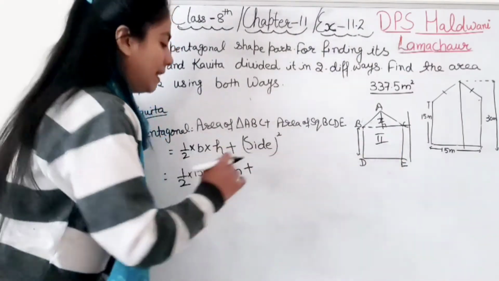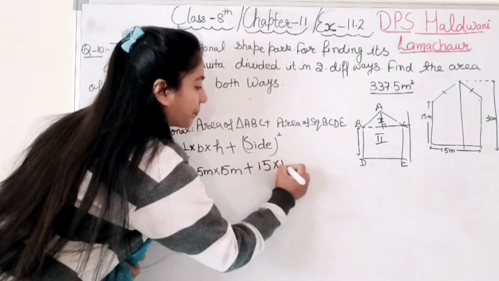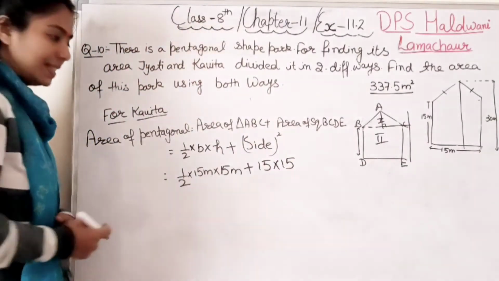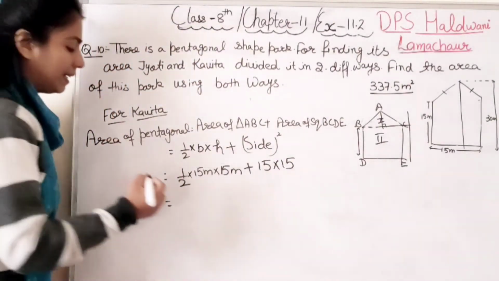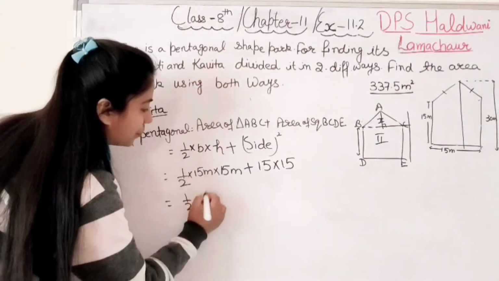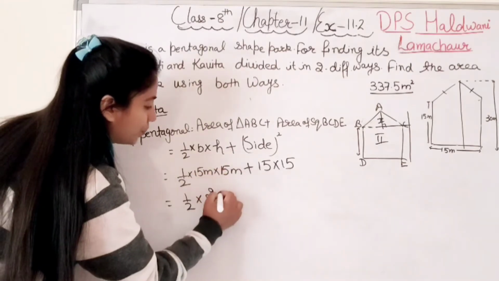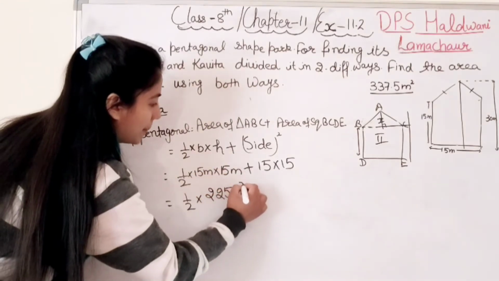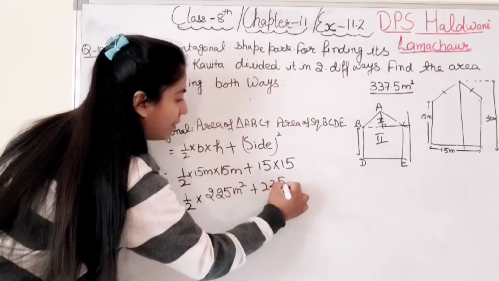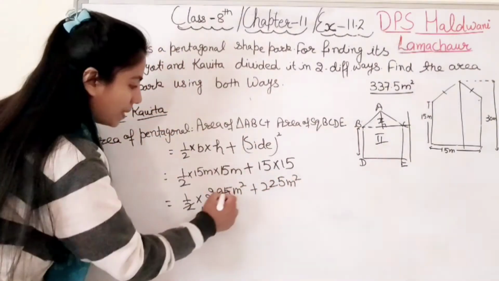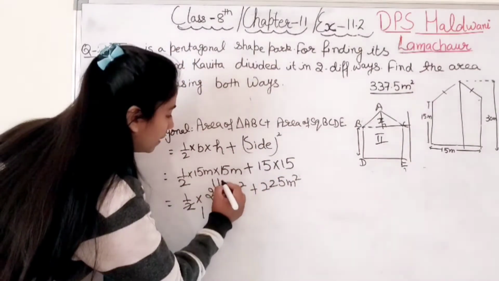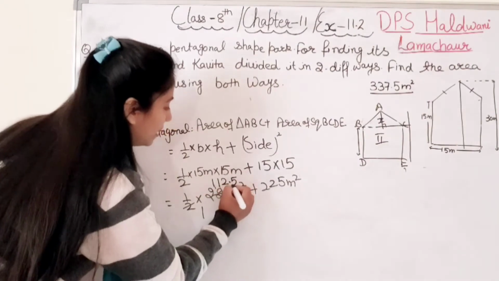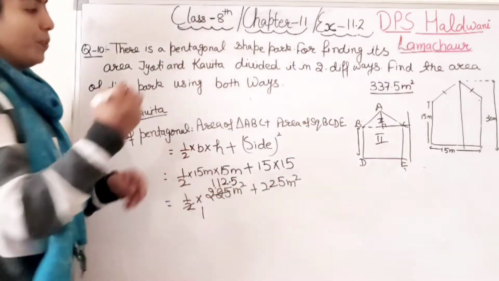That is 15 into 15. Right? So let's start the calculation. Half into 15 into 15, 225 meters square, plus 225 meters square. 2 1s are 2, 2 5s are 10. So it will be 112.5.